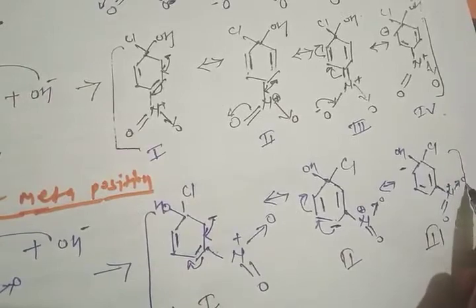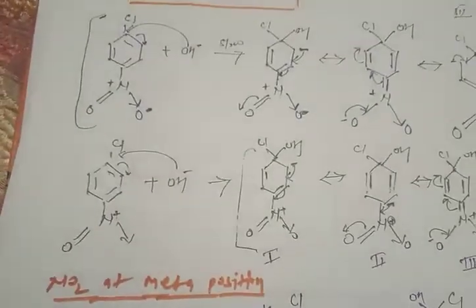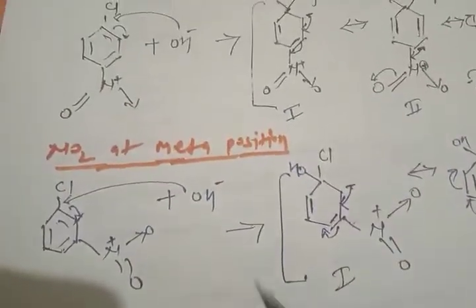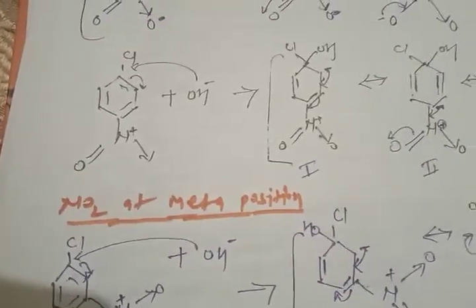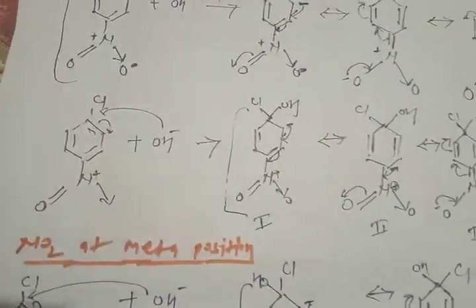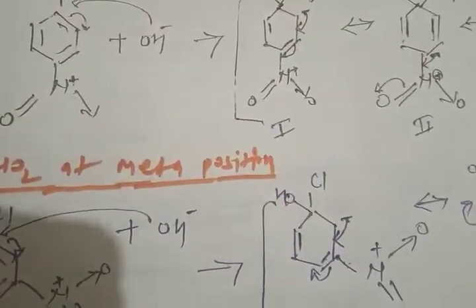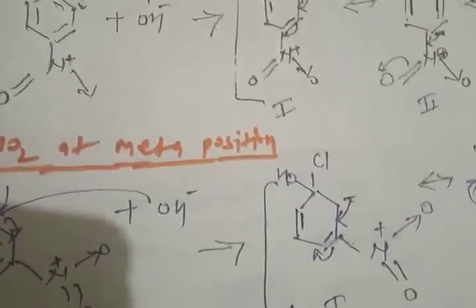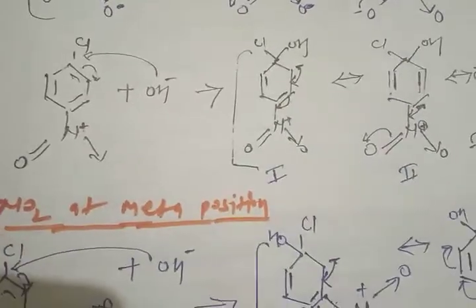So there is no difference between the resonance structures of chlorobenzene and meta-nitrochlorobenzene. Okay, so I think this is all about the mechanism part, that is, what mechanism it follows in order to understand the reactivity pattern of chlorobenzene.